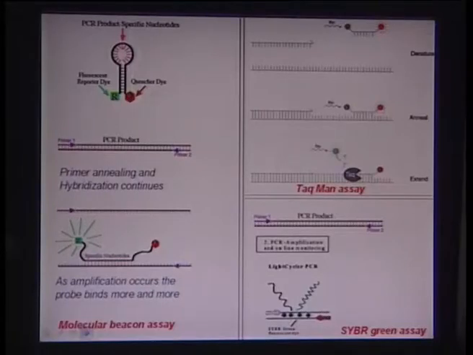The third case is a molecular beacon, a hairpin loop DNA which has a fluorophore and a quencher, and which does the same thing by separating the two and getting a signal. And in the fourth case, there is a FRET technique, a fluorescence resonance energy transfer technique, wherein 2 fluorophores of different wavelengths of excitation and emission, with some connection between the 2, are brought close by, so bringing them apart would change their emission characteristics.